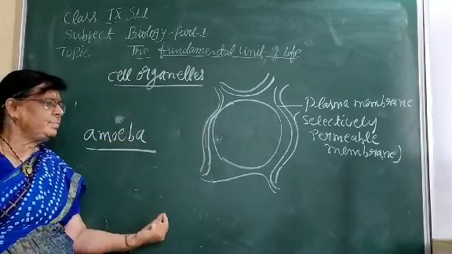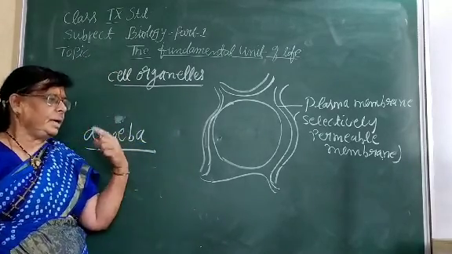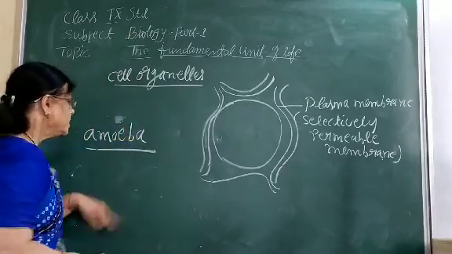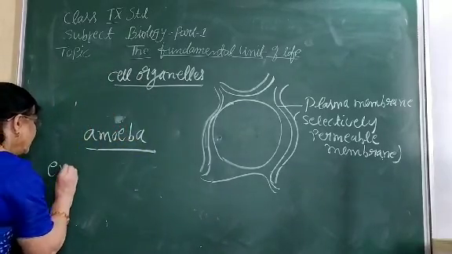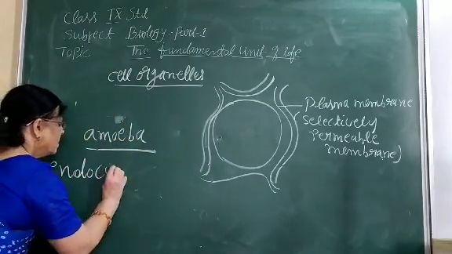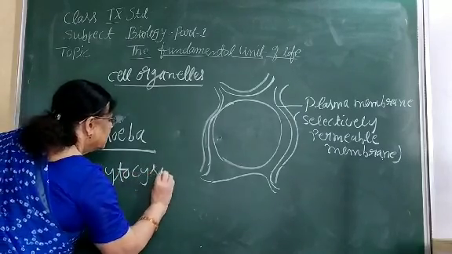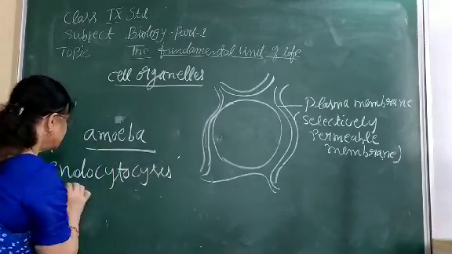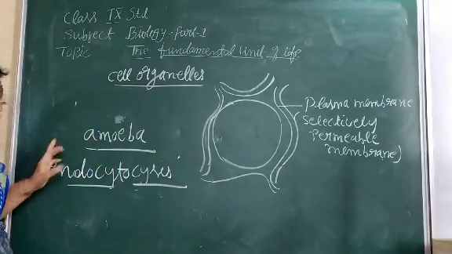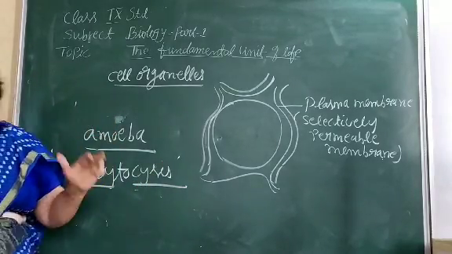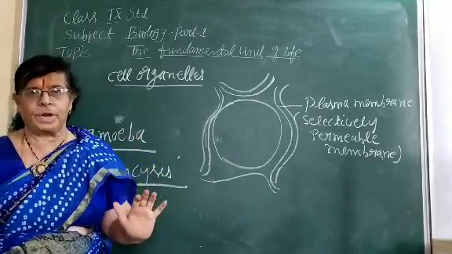When it engulfs the food particle, it can get its food, and this process is called endocytosis. Endocytosis is one mechanism for amoeba to get its food.